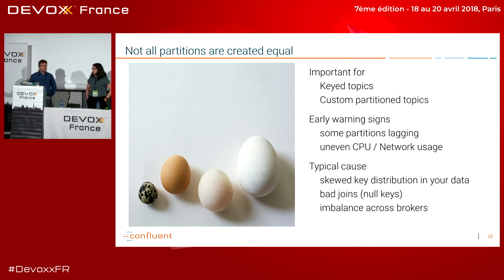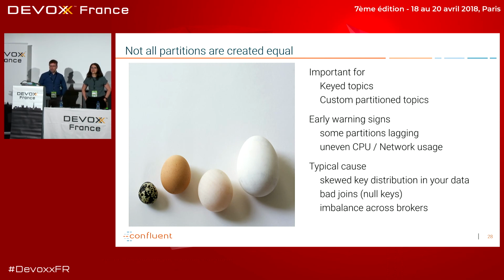Based on your data, let's say you're doing a group by operation in your stream application, you will typically send the data for each group into one partition. And if your data has a certain skew, you will end up with a lot of skew across all your partitions. Some of the warning signs you'll notice: you'll see only some of the partitions lagging. You'll see very uneven CPU and network usage across your consumers.